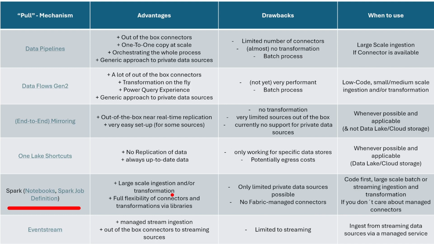You're using libraries, maybe open source libraries, and it's your responsibility whether these connectors work or not. But when applicable, it's quite convenient if you prefer a code-first approach. You can use it pretty efficiently for very large-scale batches, but also for streaming, and obviously you can do the transformation with your Python or PySpark code on the fly.